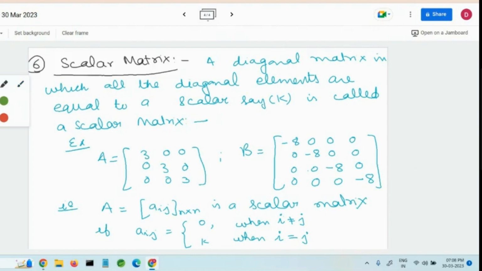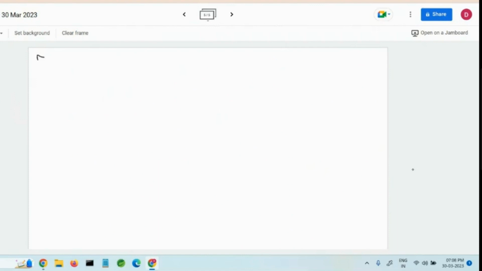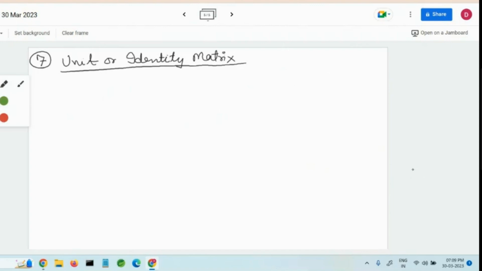The next type of matrix is the identity matrix or unit matrix. A unit matrix is one in which the diagonal elements are unity, that is, one.